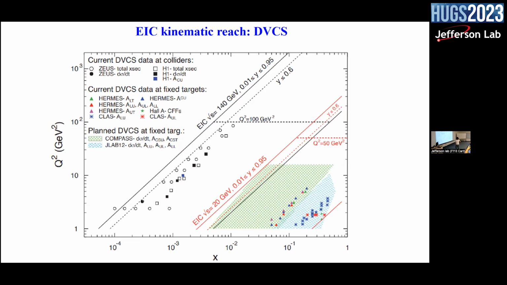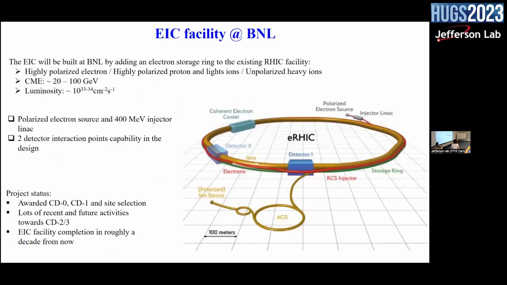And then you have the EIC for different values of the center of mass energy where we would be measuring. So you see mainly the EIC goes at very, very low x, where we said we have the dominance of the sea quarks and the gluon.